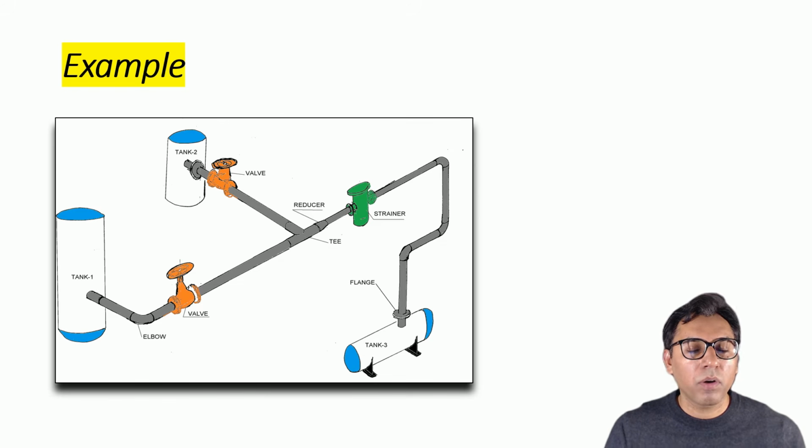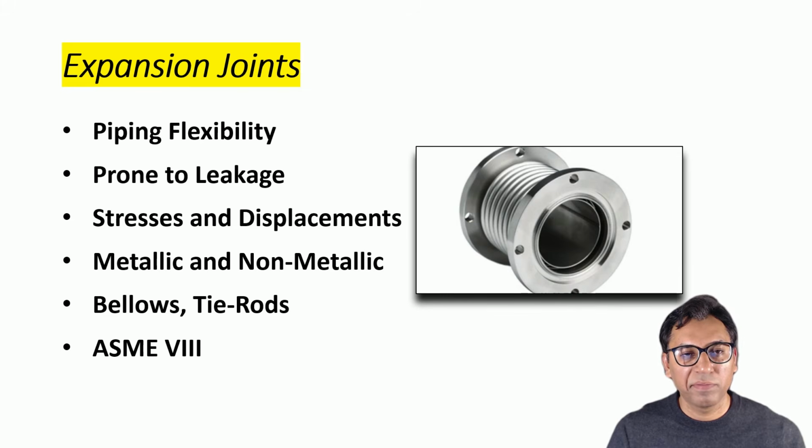First, let's talk about what an expansion joint is. We use expansion joints as a part of our strategy to give flexibility to our piping system. We don't use expansion joints quite often as they are weak joints and prone to leakages. But if we have to accommodate piping stresses and displacement, we provide expansion joints as well.